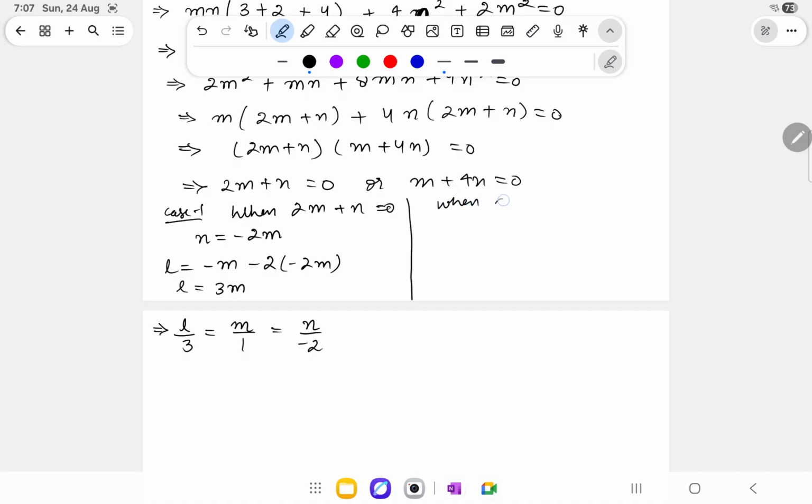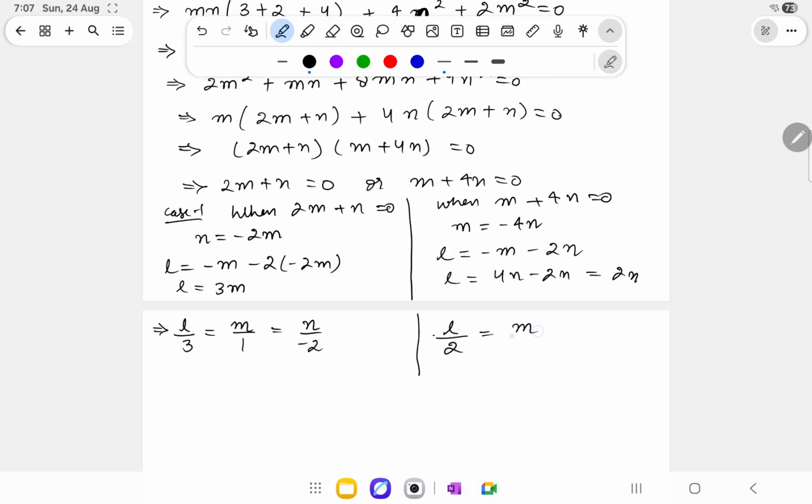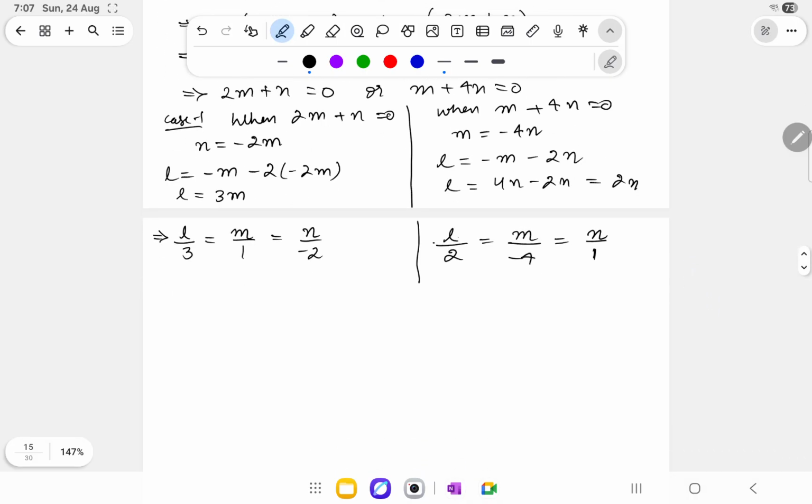And when m plus 4n equals to 0, I get my m as minus 4n and my l is minus m minus 2n. So l is 4n minus 2n, which is equal to 2n. So I got my direction ratios as l by 2 equals to m by minus 4 equals to n by 1. So these are the two solutions.